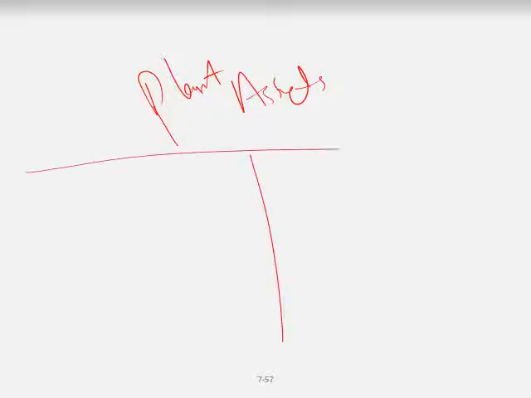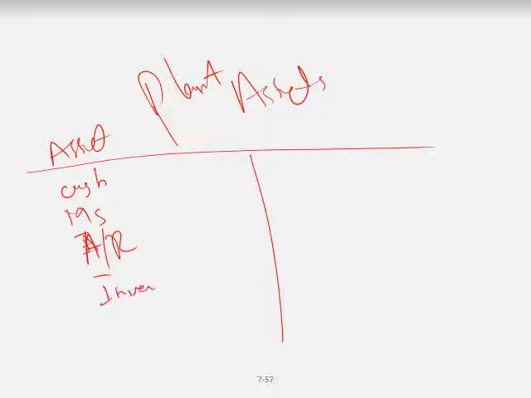So we have successfully completed the required learning objective for our plant assets. So basically we have also covered our asset side of the balance sheet. If we find out where the assets are, we discussed cash and cash equivalents, we talked about marketable securities, we talked about accounts receivable, and then we talked about inventory, and then we finished the long-lived assets or the fixed assets, right?